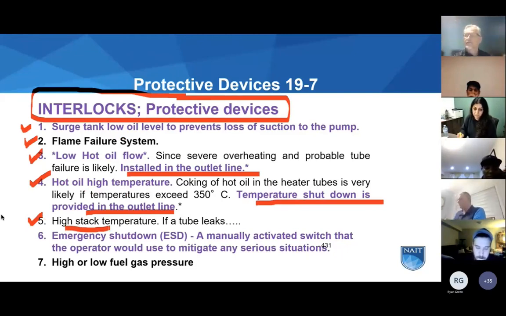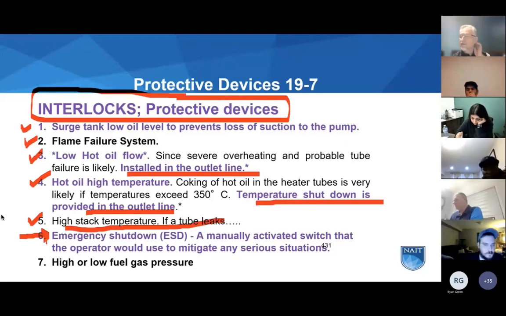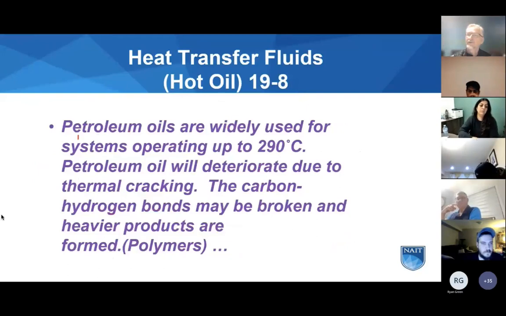So high stack temperature is monitored. This equipment and many other equipments have what I call the big red button: ESD, emergency shutdown. Literally a big red button. If you see this thing burning up, you're going to shut it down, right? And high or low fuel gas pressure, as on any furnace, we're going to monitor, and that will be one of the protective devices.